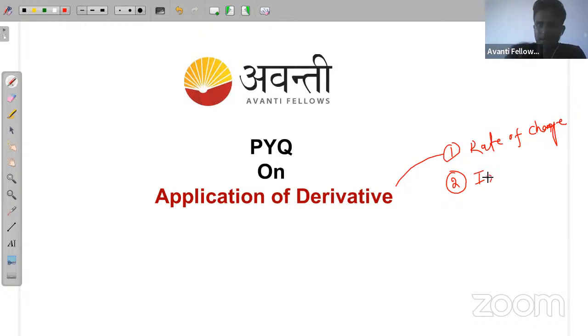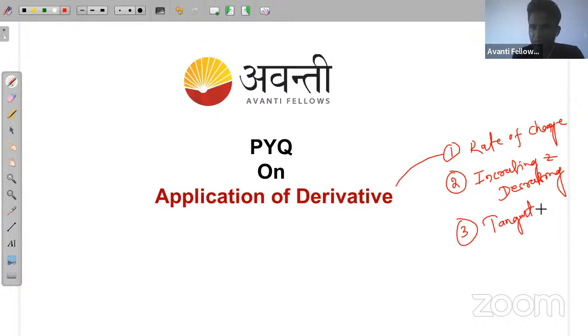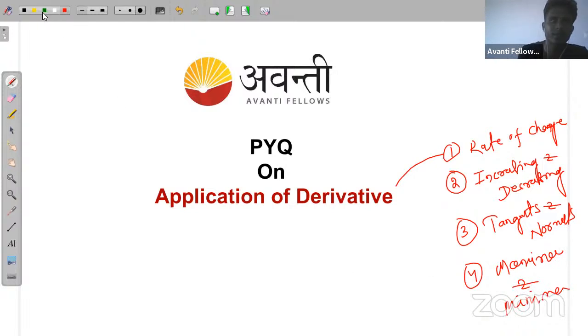How to check the increasing and decreasingness of a function, that is basically called monotonicity. Third is tangent and normal. These are the broad topics that you covered in this chapter. And the fourth one is maxima and minima. So basically, these are the things that you generally covered.